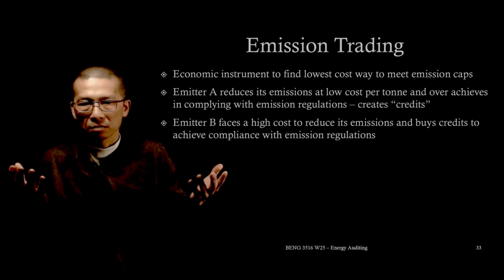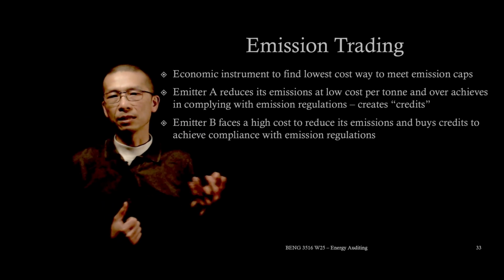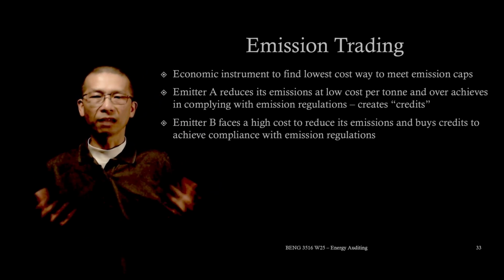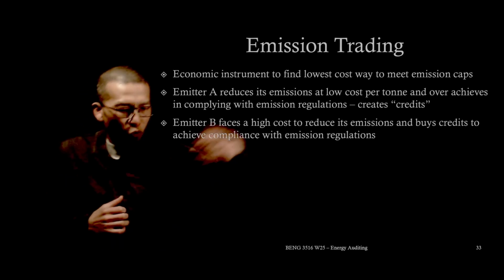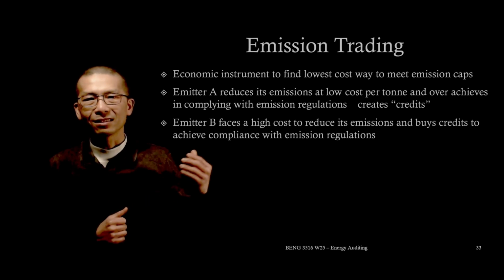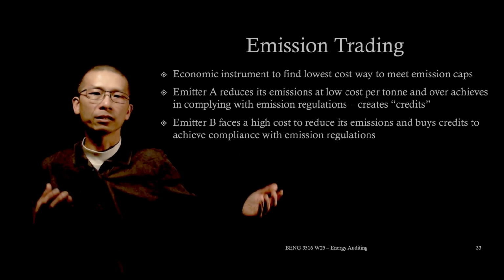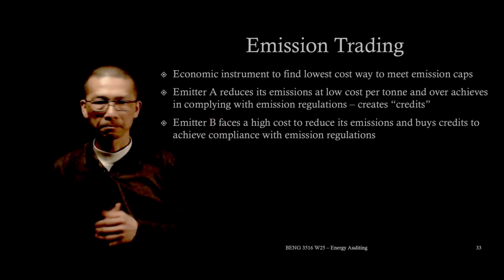So how it works, let's say we have emitter A that reduces its emissions at a low cost per ton, right? And overachieves and exceeds its regulatory target and therefore generates credit.